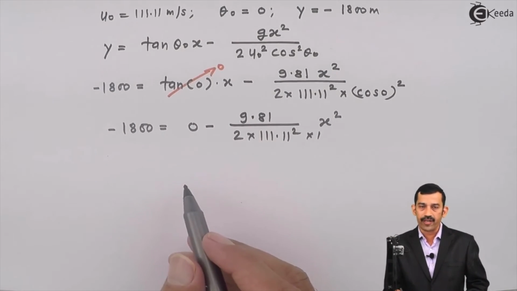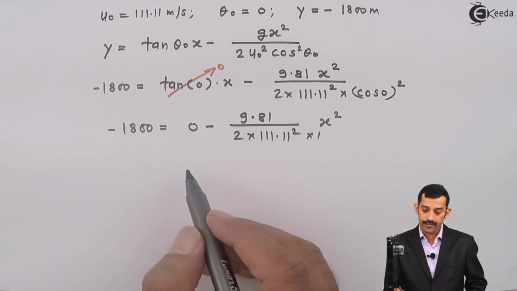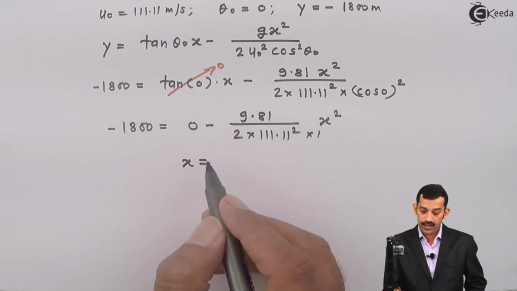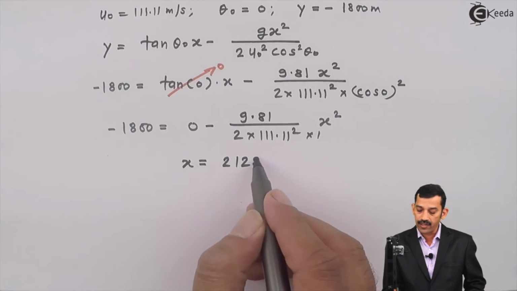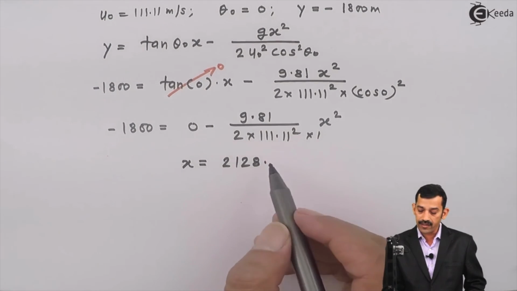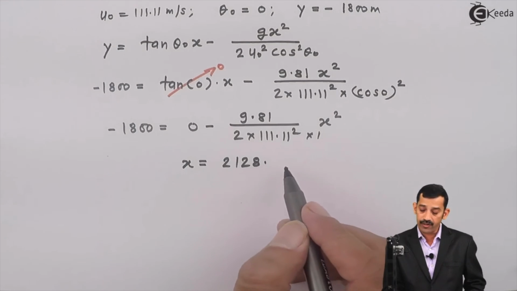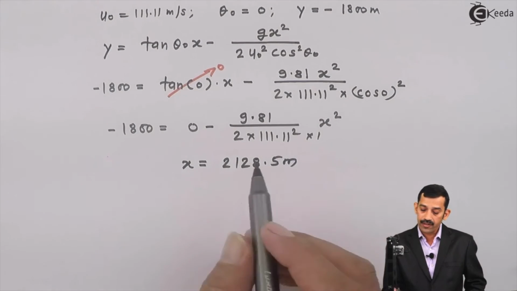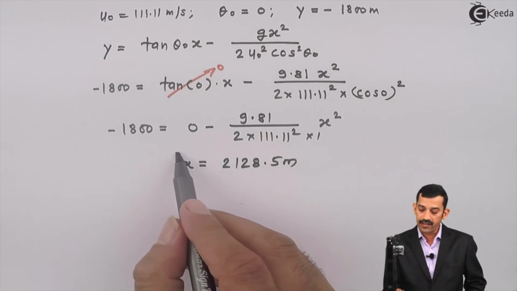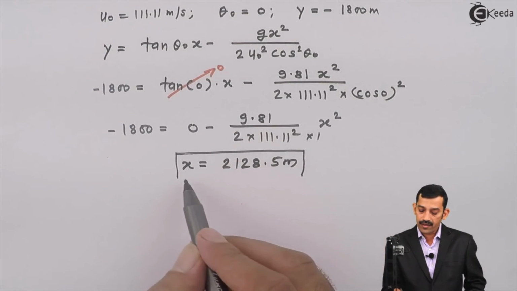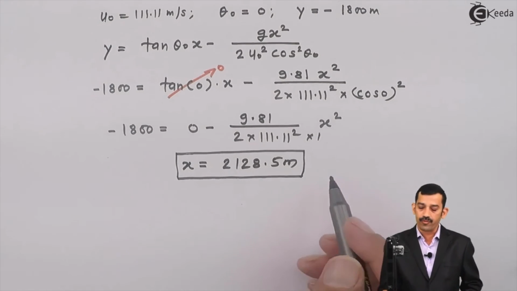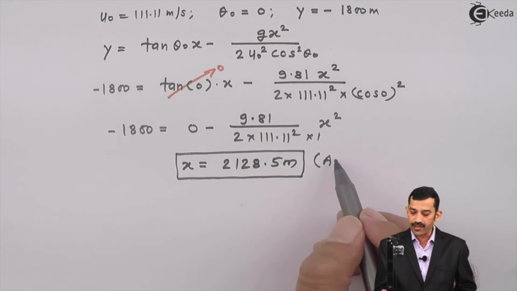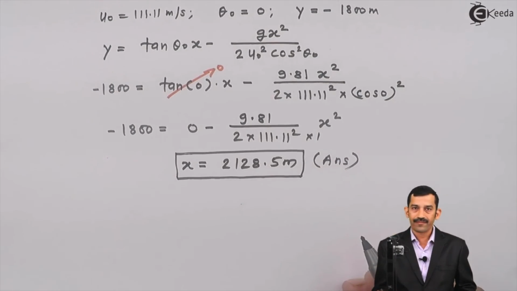Using a calculator, the answer x comes out to be 2128.5 meters. That means the rivet strikes the ground at a distance of 2128 meters from the point of projection. This is our answer. Thank you.